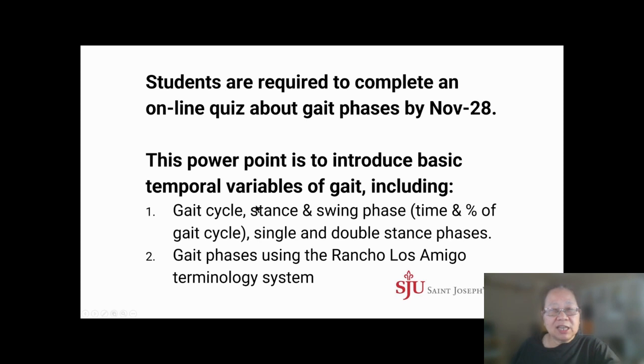So gait phases is basically about the timing of the gait. It's the temporal variables. In Biomechanics 1, when we taught the hip, knee, ankle, and patella joints, we referred to their movement postures in the gait, especially stance phase.